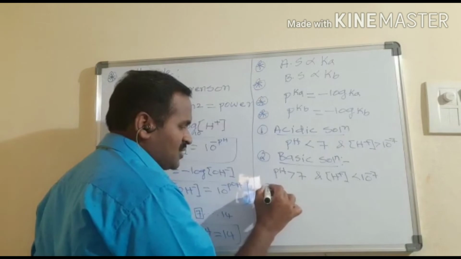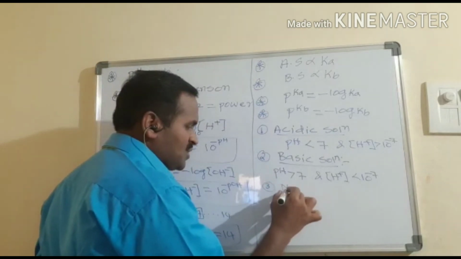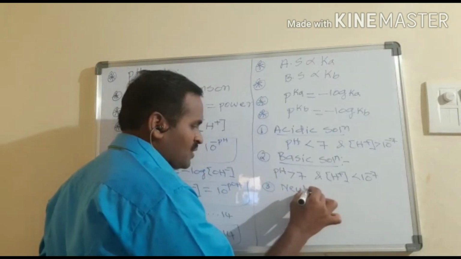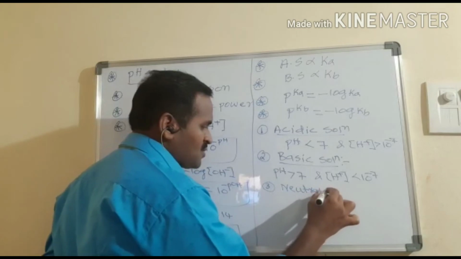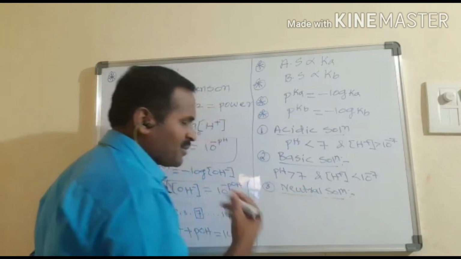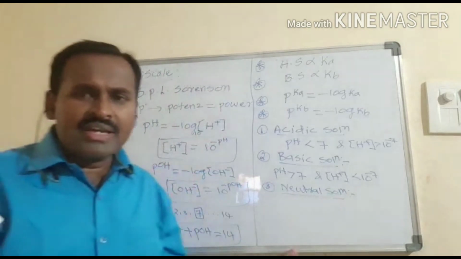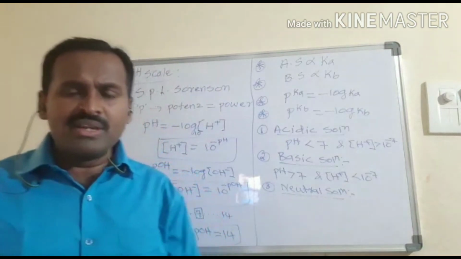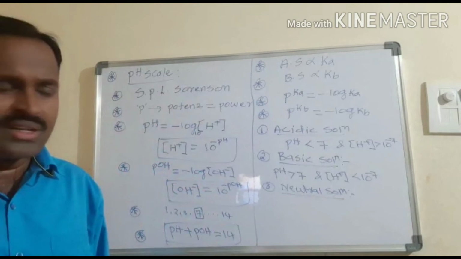The third one is the neutral solution. In the neutral solution, as we have already seen in the ionic product of water, the H plus ion concentration is equal to the OH minus ion concentration.